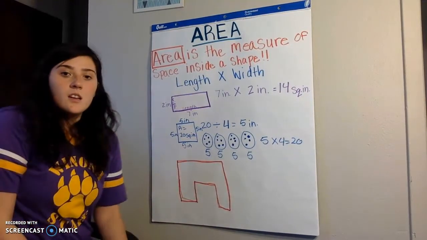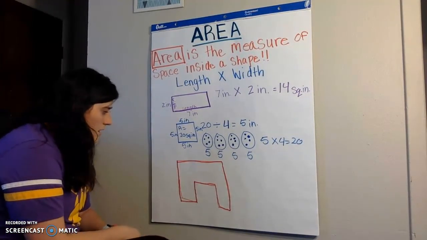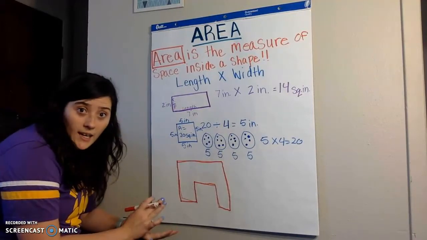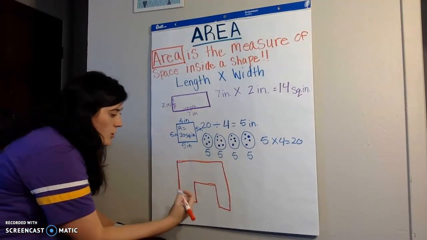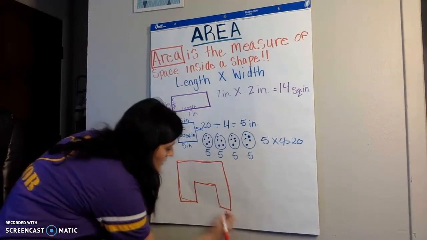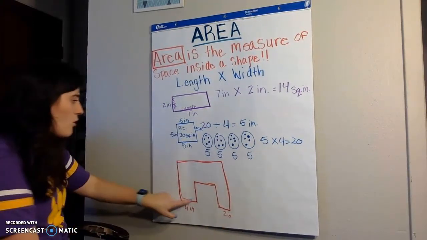Okay. So in some cases, they are going to already have some numbers in place. So I'm going to put a 2 here, 2 inches. I'm going to put a 4 here, 4 inches.